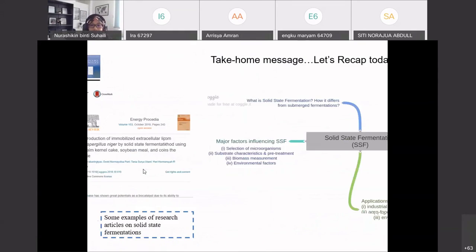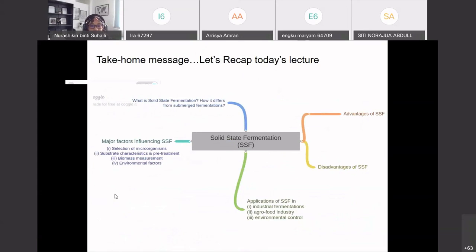So that's the end of today's lecture. So basically what we covered today: what is solid state fermentation, how it differs from submerged fermentation or liquid state fermentation, what are the major factors influencing SSF, microorganisms, substrate characteristics, pre-treatment of the substrate, the feedstock, and then biomass measurement, how we're going to measure the biomass, the cell growth during the SSF.